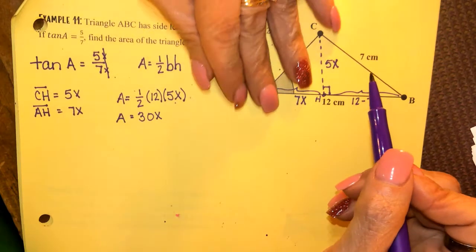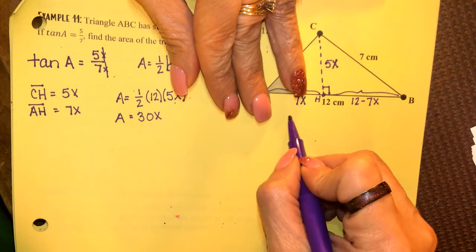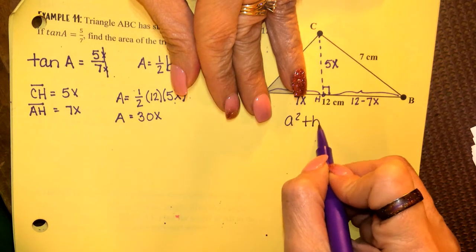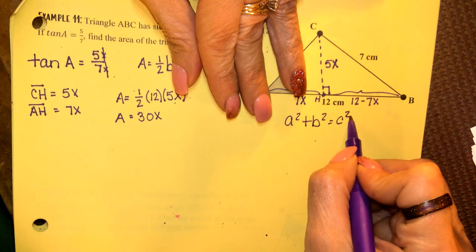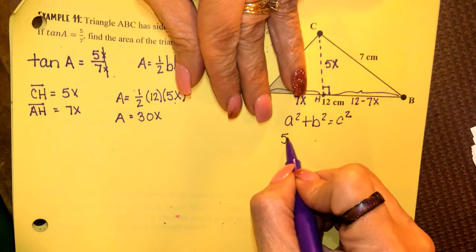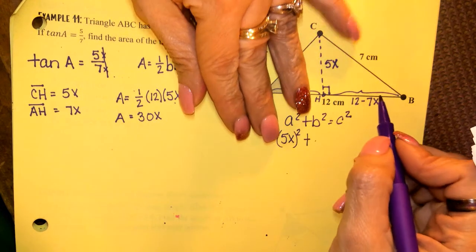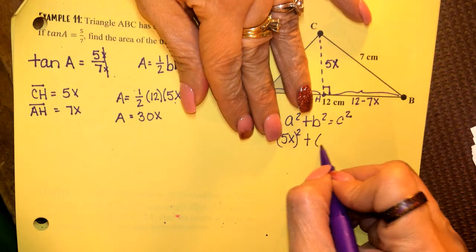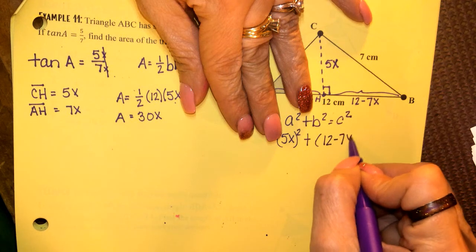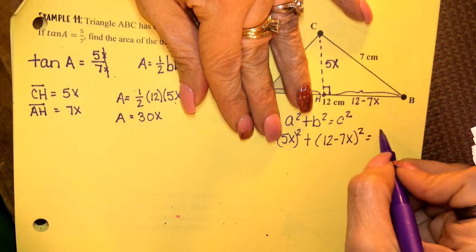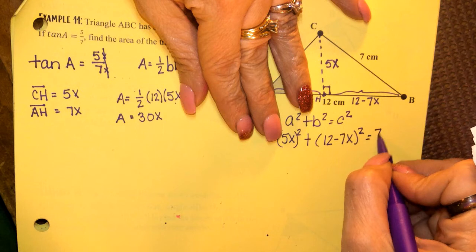So let's see if we can figure out what x is just by using this side. I'm going to cover this up, and I'm going to say a squared plus b squared equals c squared. Okay, 5x squared plus, and this side right here, remember this is 12 minus 7x, 12 minus 7x squared equals the hypotenuse, which is 7 squared.